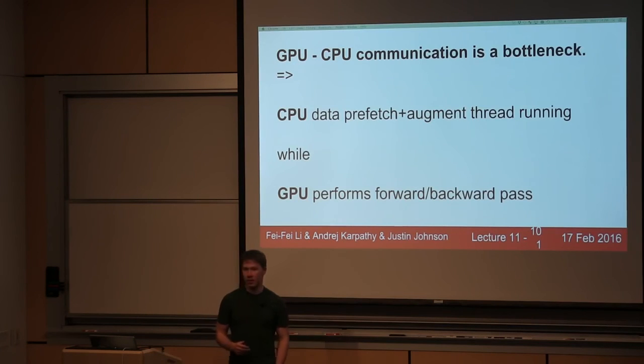Another thing you'll sometimes see is a multi-threaded approach, where you'll have a CPU thread that is prefetching data off disk or off memory in the background, possibly also applying data augmentations online. Then this background CPU thread will be preparing mini batches and possibly also shipping them over to the GPU.